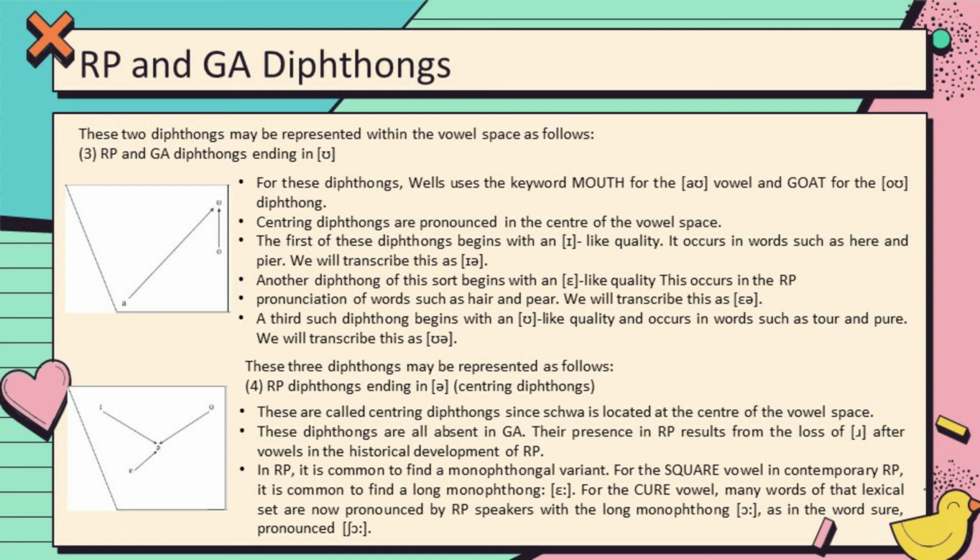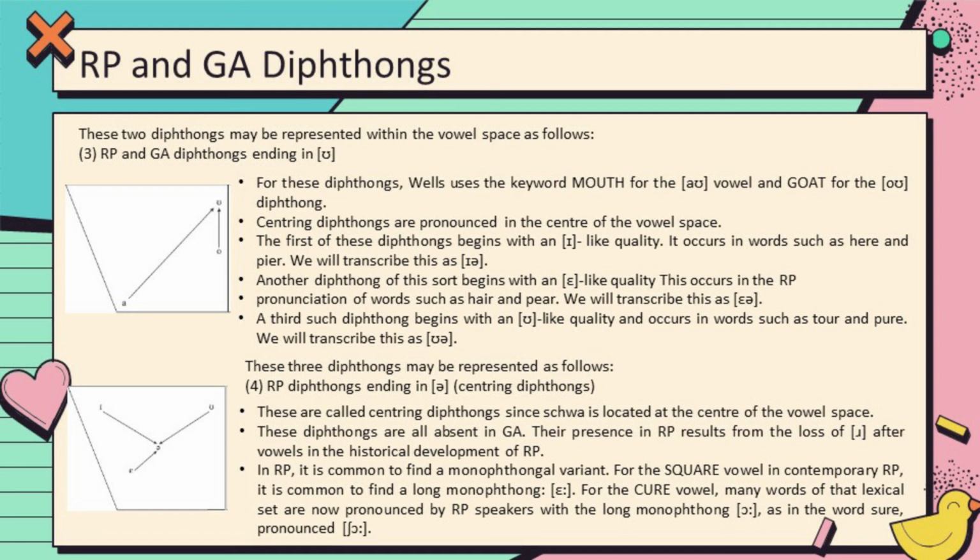This occurs in the RP pronunciation of words such as square and hair. We will transcribe this as ɛə. A third such diphthong begins with a ʊ-like quality and occurs in words such as tour and poor. We will transcribe this as ʊə. These three diphthongs may be represented as follows.